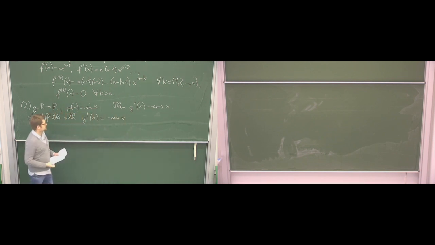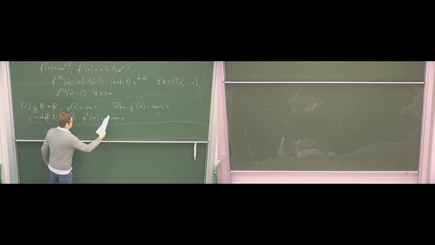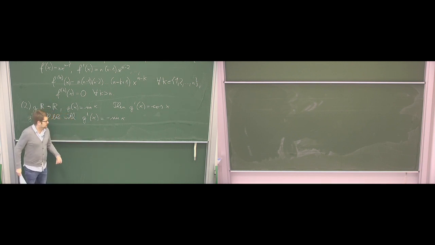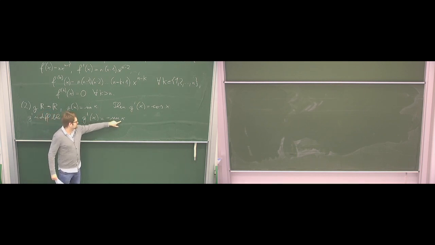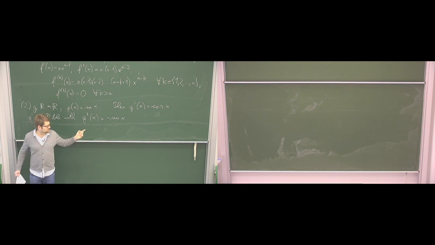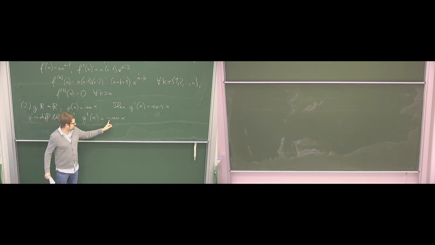And now we see, since the sine is differentiable, and since this minus sign doesn't matter for differentiability, this is again differentiable, and it will again be derived as the cosine, then we will get the sine again. So we hop between sine and cosine, just that the sign is changing all the time.